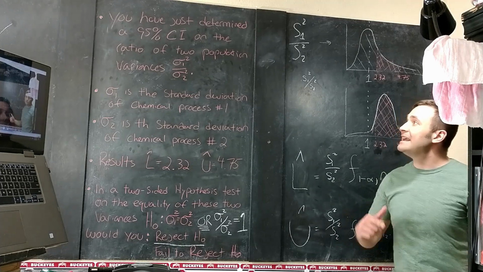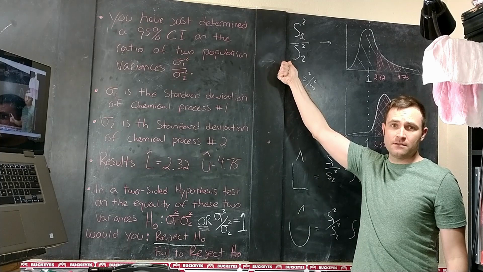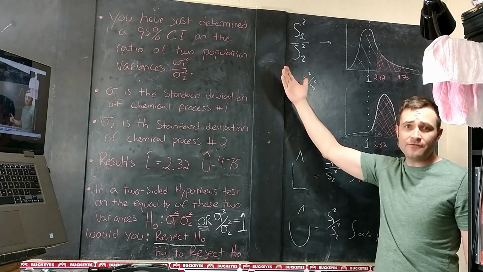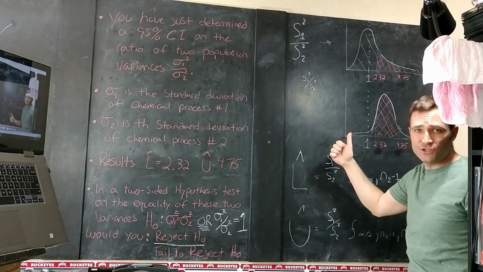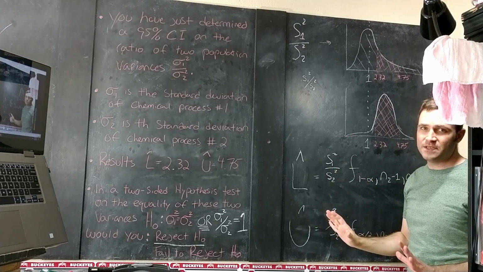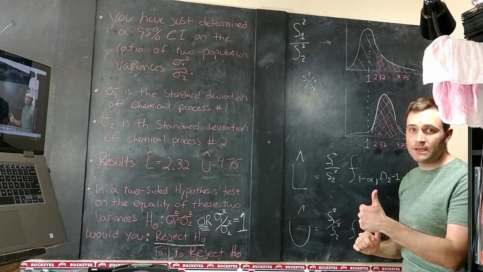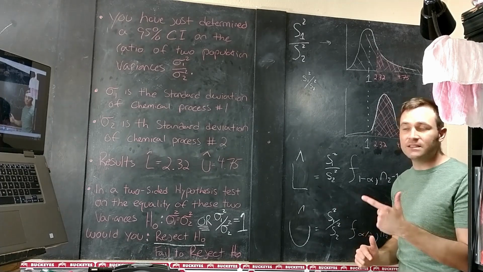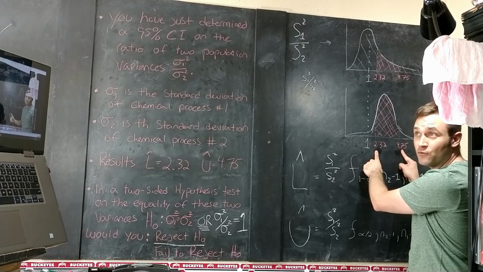Well, it means that our parameter is generating a test statistic that has a probability density function that is an F distribution, but that F distribution has a different shape. It looks roughly like this. We don't know exactly what the shape is, but we do know that A, it's an F distribution, and B, 95% of the probability density lies between our confidence interval values.